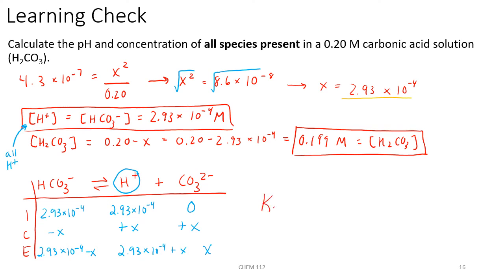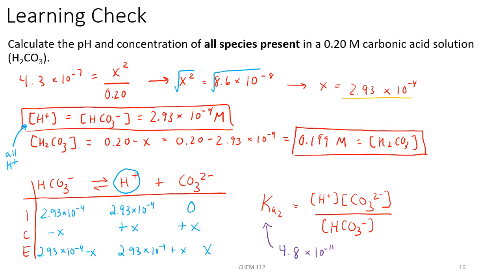Our equilibrium expression here is going to be Ka2 is equal to hydrogen ion concentration times carbonate ion concentration divided by our concentration of our weak acid, which is HCO3 minus. And if we look at what our Ka2 is, it's very, very small, 4.8 times 10 to the minus 11th off of our acid ionization chart. This is significantly smaller than even our first Ka1 was.